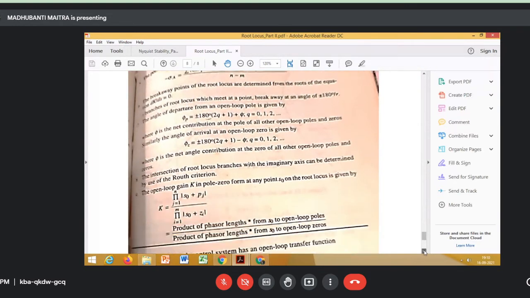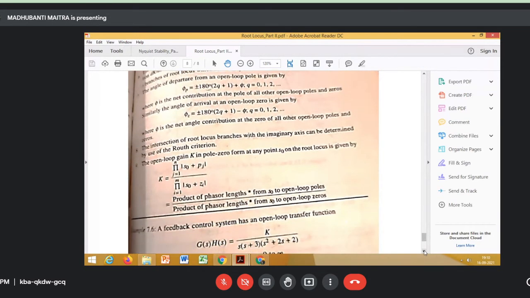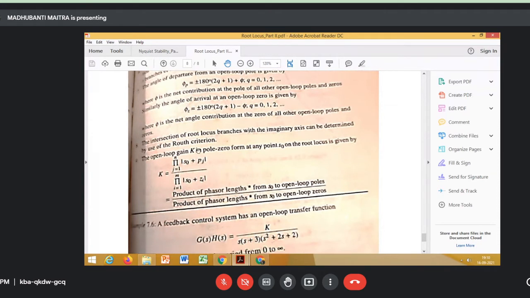And the last rule is the magnitude criterion. That means the open loop gain k at any point S0 on the root locus is given by the magnitude criterion. So k will be the product of magnitudes of (S0 plus Pj) divided by the product of magnitudes of (S0 plus Zi).